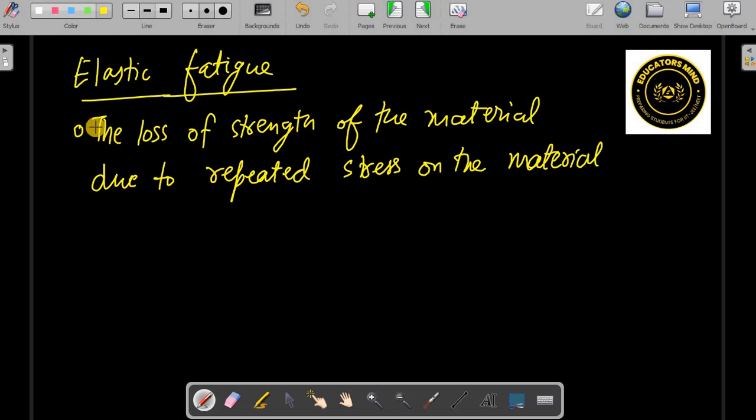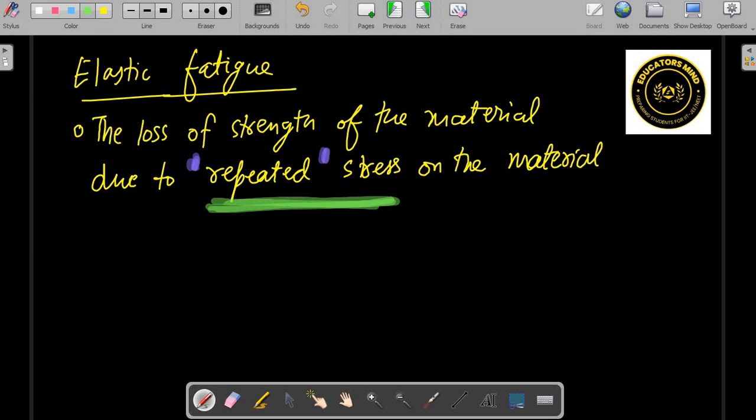is called elastic fatigue. So what happens is that in day-to-day life, bodies are subjected to not just stress but repeated stress. This is important to understand. For example, if there is a chair, you are sitting, then you are getting up, again you are sitting, again getting up. So every time the body is subjected to repeated stress. This is a very practical thing.